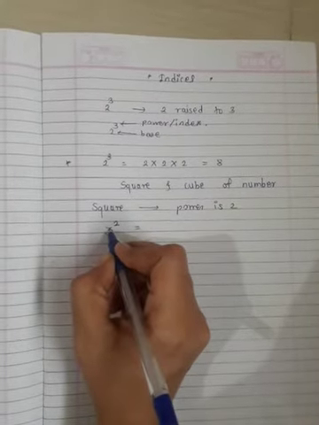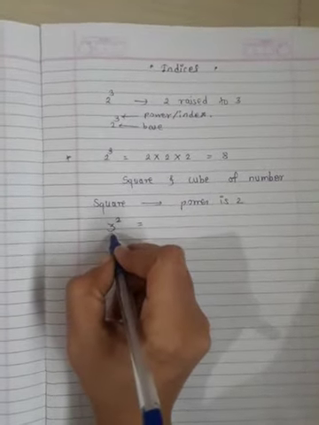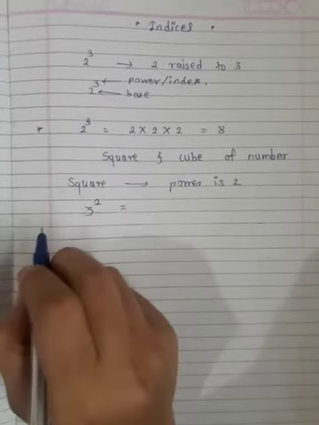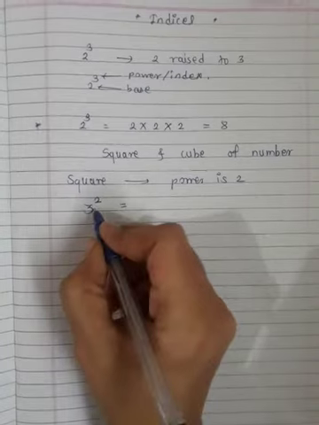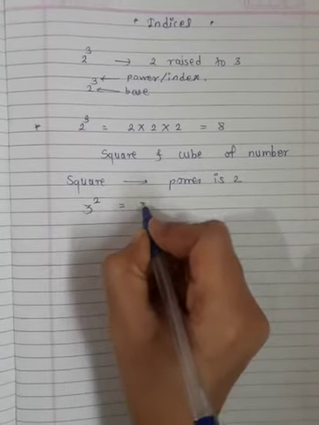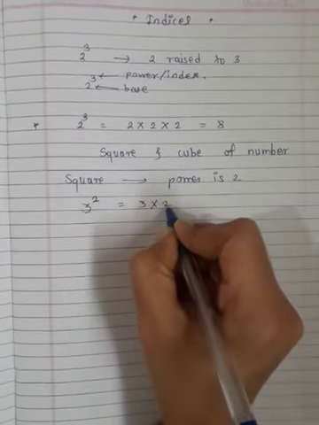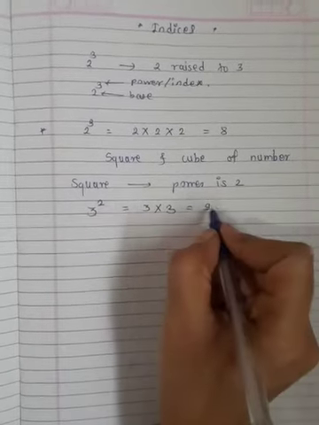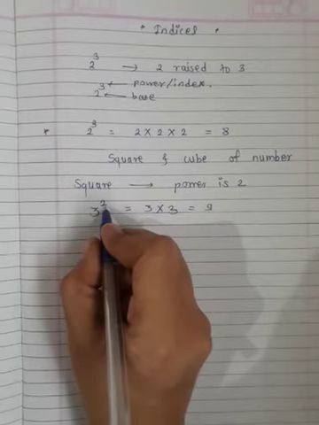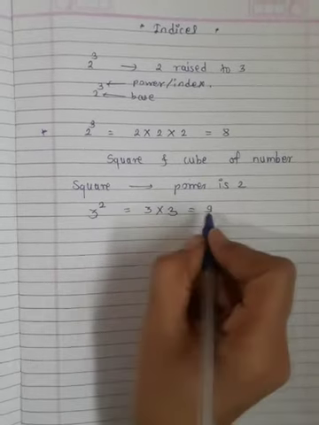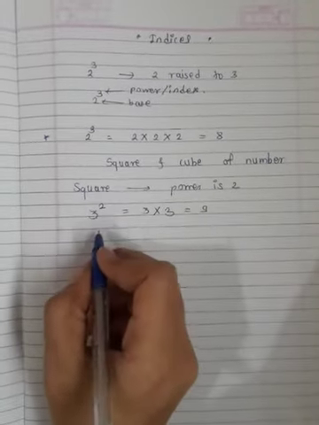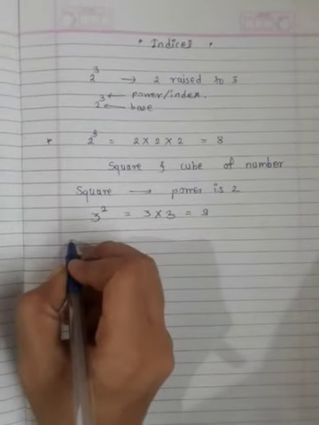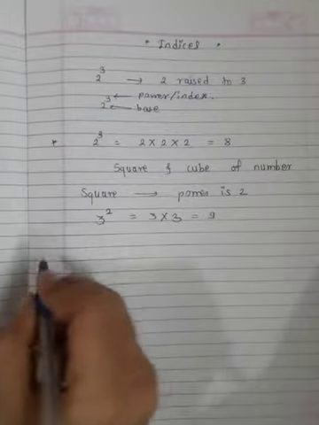We know if the power is 2, then we multiply 3 by itself 2 times, and here we get 9. So 3 square is 9, or you can say the square of 3 is 9. And I told you in the previous lecture to find the squares of numbers from 1 to 50.